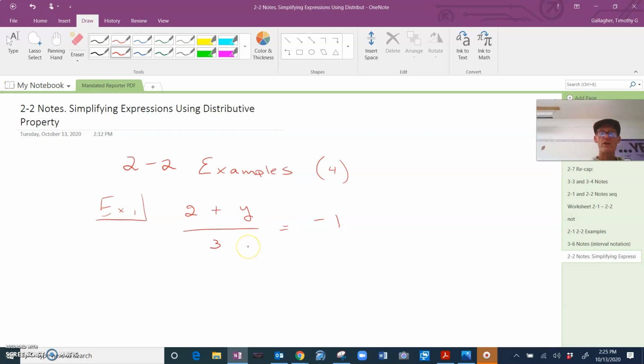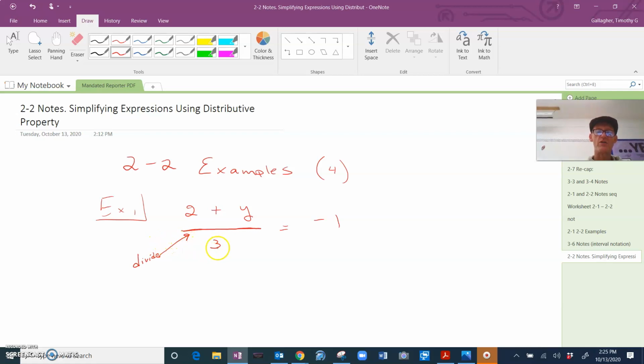So these are two-step equations, so we have to be able to figure out what those 2 steps are. And in this problem, the 2 plus y is being divided by 3. So this big bar right here is divide by 3.